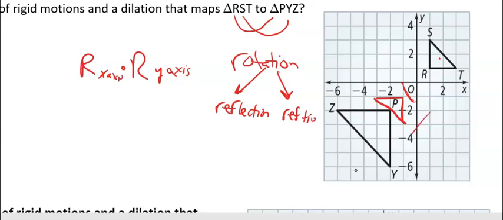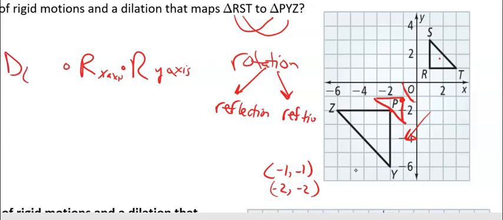Does it grow outwards from the origin? It does. Let's just make sure. This is the point -1, -1, and the other point is -2, -2. If you put the x over the x and the y over the y, do you get the same exact number? Yeah. So this one would be followed by a dilation.